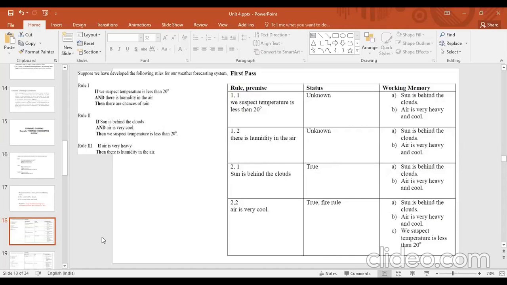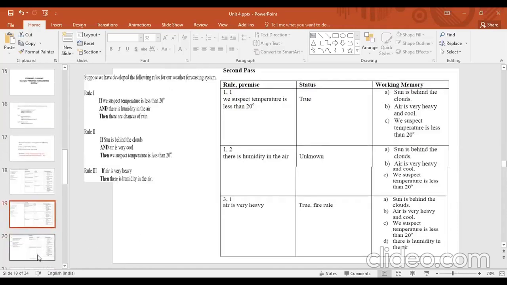Okay. Now the second pass. In the second pass, my second rule has already come into our working memory, so I have to check only rule number 1 and rule number 3. In rule number 1, the first condition is we suspect temperature is less than 20 degrees. So I have to check in working memory. If it is available, then I write true.